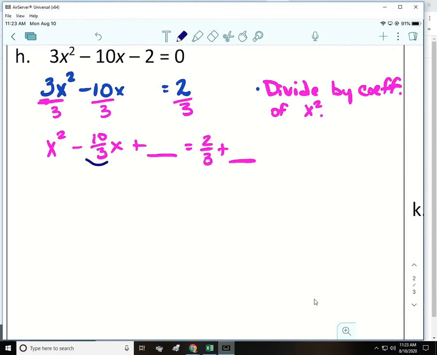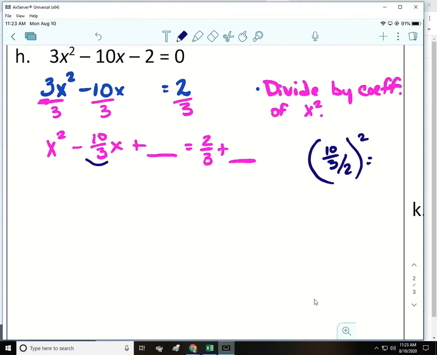So this time, b is 10/3. So we're going to take half of 10/3, and we're going to square that. So just logically, what do you think half of 10/3 is? I think 5/3.